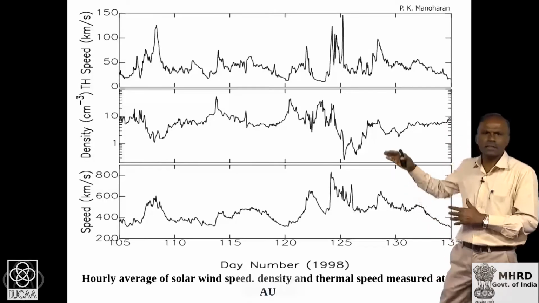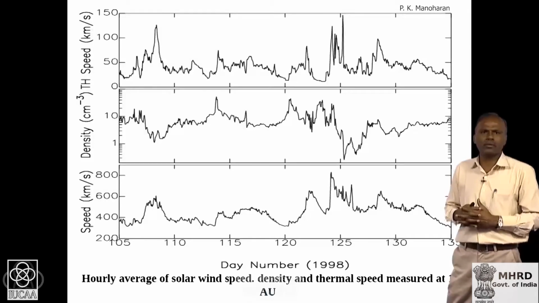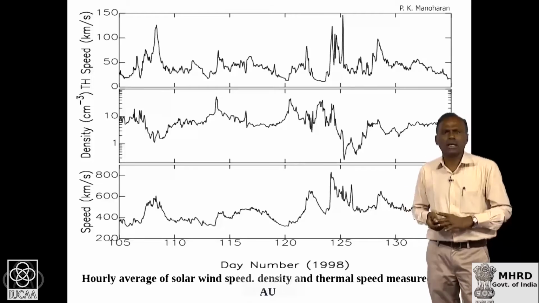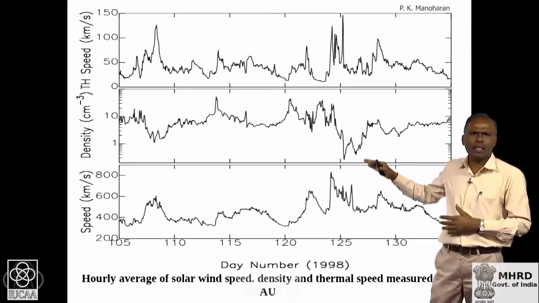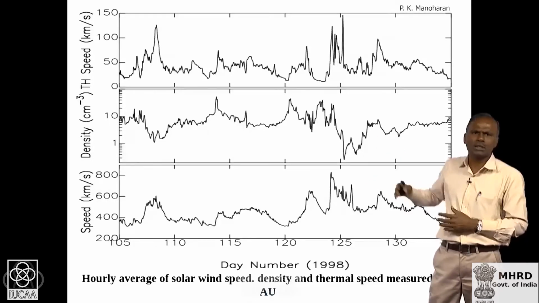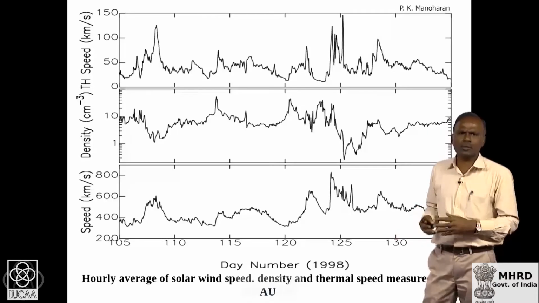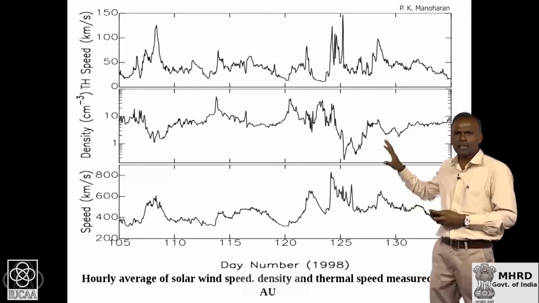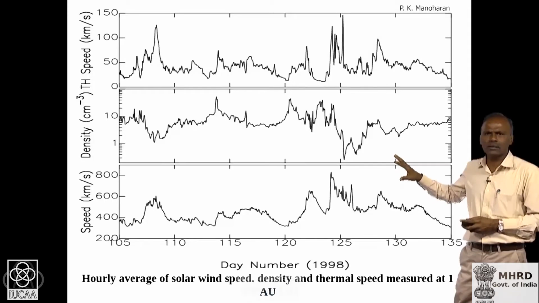We can see the thermal speed of the solar wind, which typically goes from something like 25 kilometer to 130 kilometer, and the density variation, which varies from less than a particle per cc to something like 50 particles per cc, and the speed goes from something like 300 kilometer to 800 kilometer per second. The 800 kilometer speed is associated with the coronal hole region.